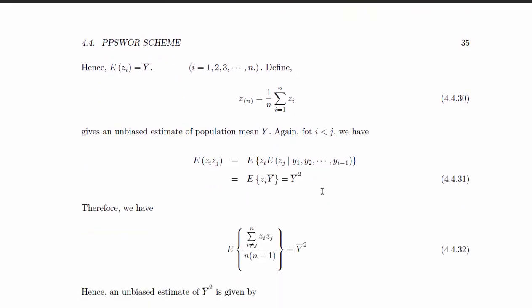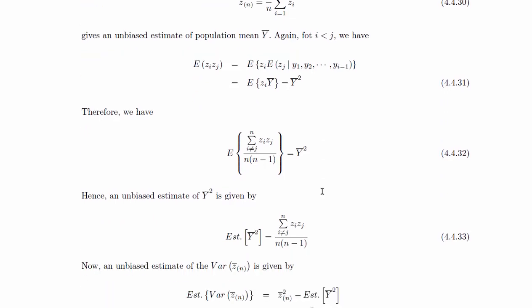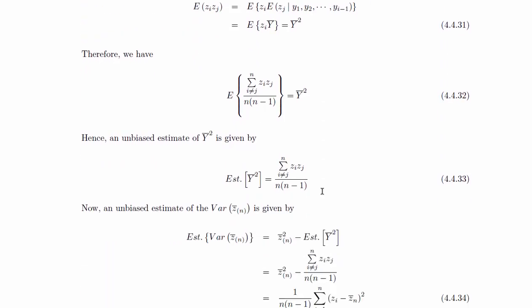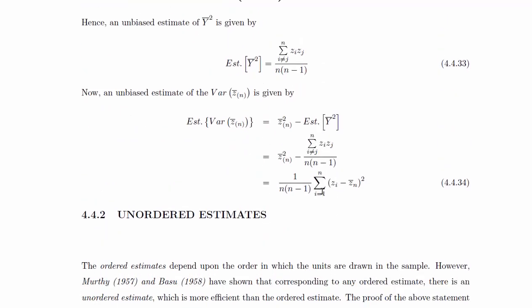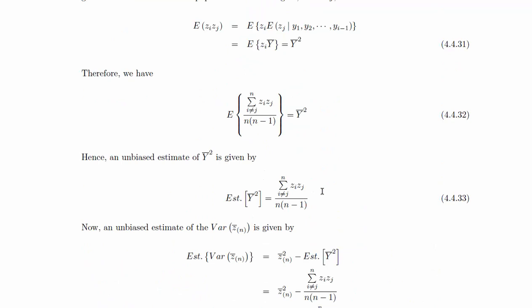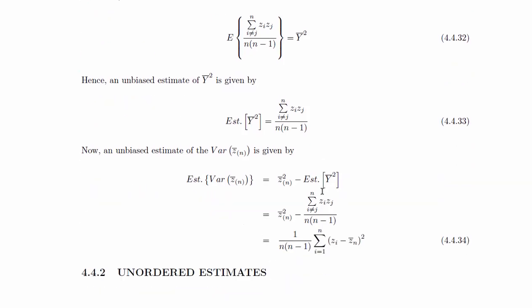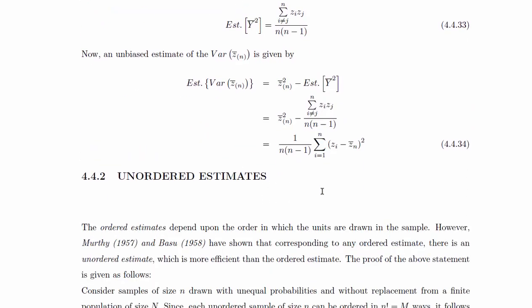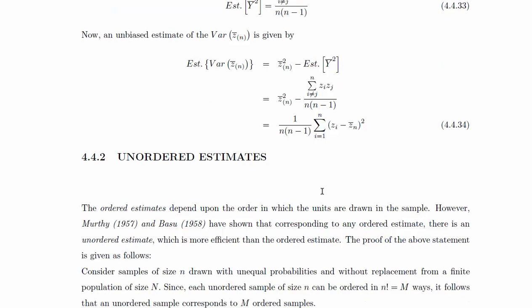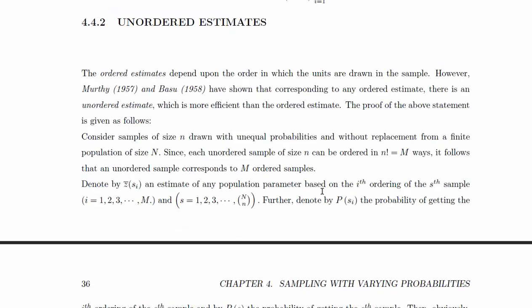Now Z bar equal to Z1 plus Z2 by 2, and this gives an unbiased estimate of the population mean. The estimated variance is this, and this is the variance. So this is nothing but the ordered estimate. Thank you.